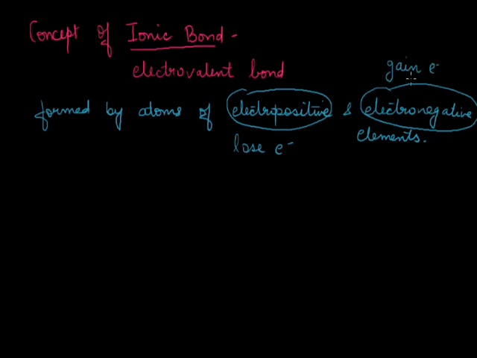When an atom of an electropositive element comes in contact with that of an electronegative element, then the electropositive element loses electrons and becomes positively charged, while the electronegative element gains electrons and becomes negatively charged.